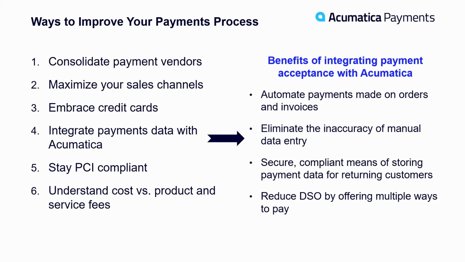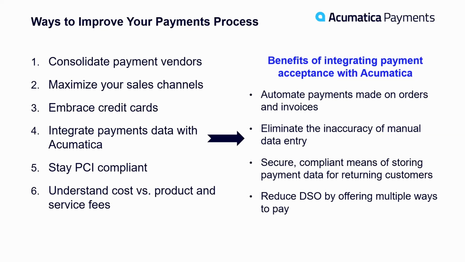And then number 4, and maybe it should be number 1, integrating your payments data with Acumatica. So taking payments from your customers on your invoices that are already created in Acumatica, pushing out payment links that your customers can click on and make a payment directly into an invoice, and having all of that payment data flow directly back into Acumatica.